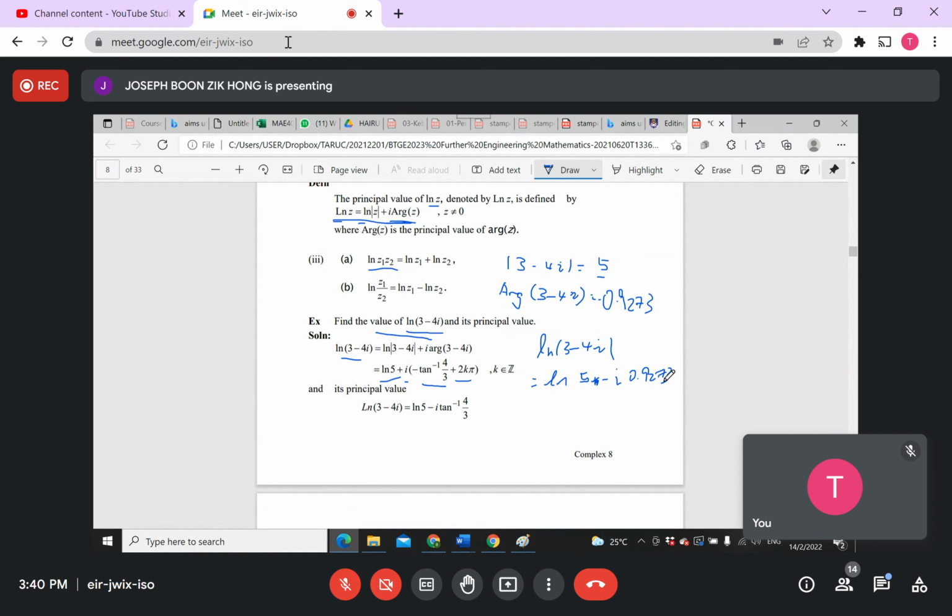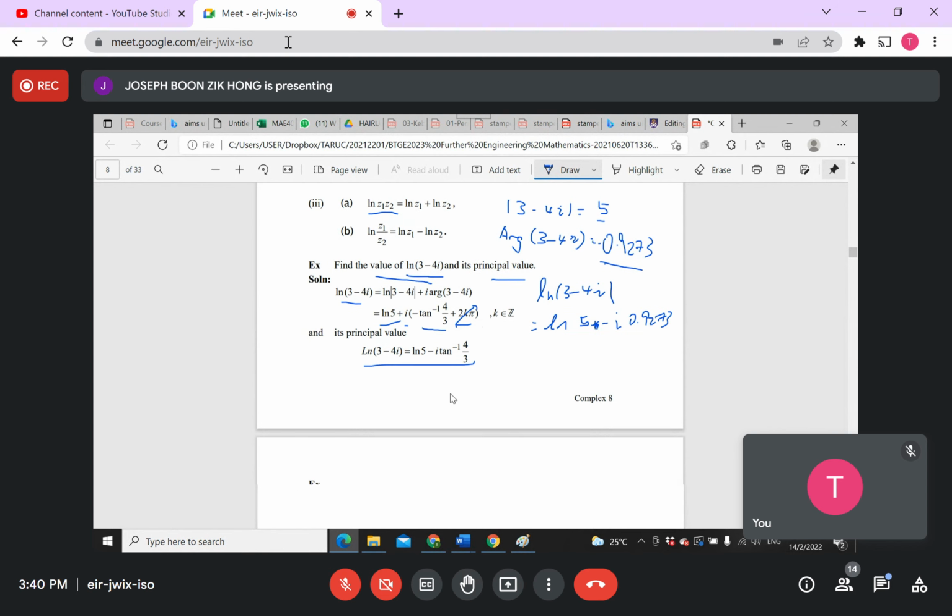You can put the negative 0.9273 also, but don't forget to put the plus 2k pi. If they ask for the principal value, then you just take this one as 0. So this one will be your principal value. The first answer will be when your k is equal to 0.